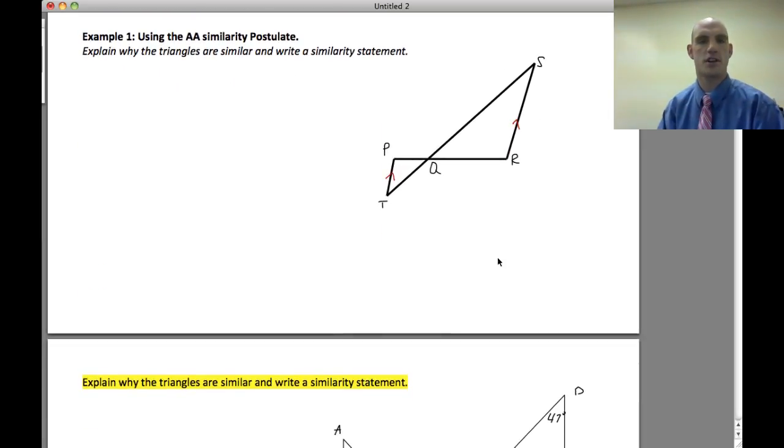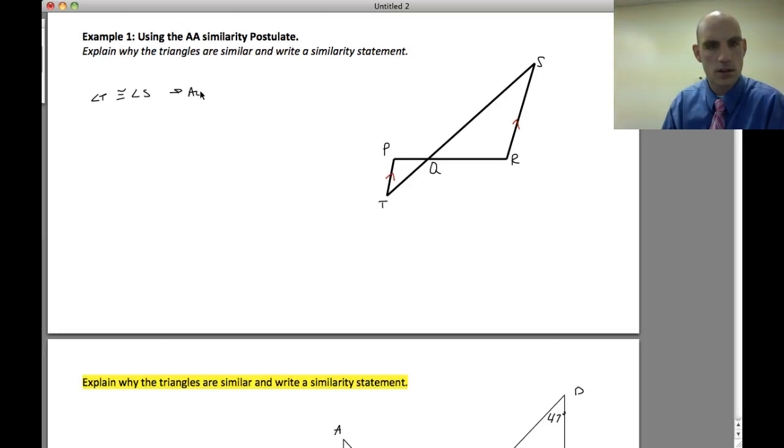Explain why the triangles are similar and then write a similarity statement. Notice, this is another one of those situations. If we have parallel lines shown, we're probably going to use that. So I'm going to list the things that I know. Because these lines are parallel, I can say that angle T is congruent to angle S by the alternate interior angles theorem.